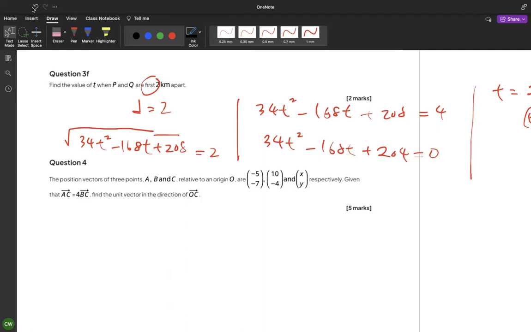Okay, let's see the last question. The unit vector of OC. So what we have is this one. So we have A, we have B, we have C. OC. C is the one we do not know.